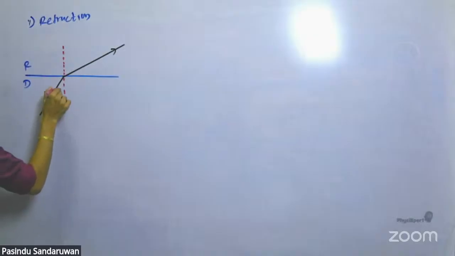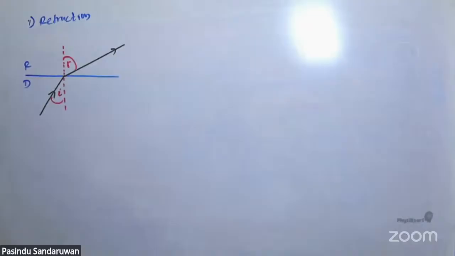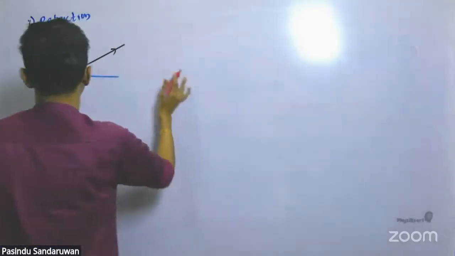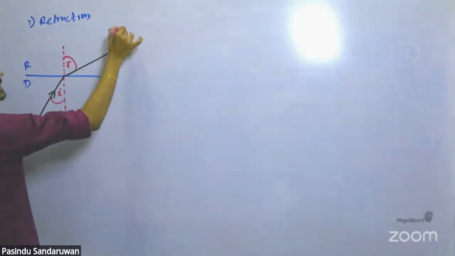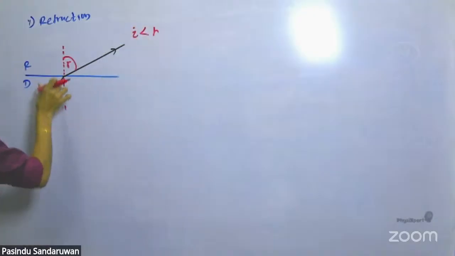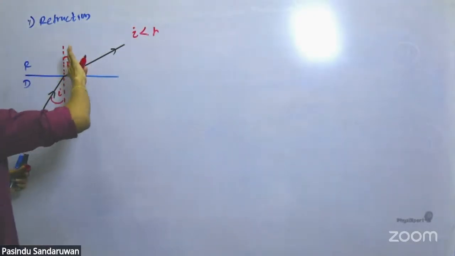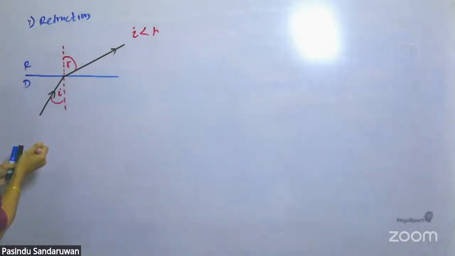This is I, the angle of incidence, and this is R, the angle of refraction. Clearly, I is less than R, because R is a higher angle; the ray has bent away from the normal.